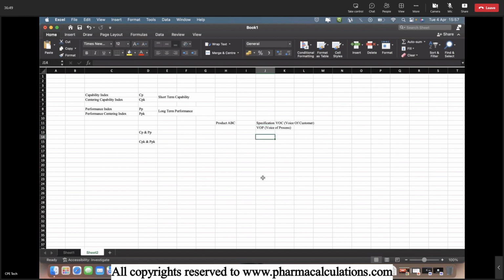Let's say we have a yield, and for this yield we have a specification of 70 to 120 kgs. This is the yield range, and we mention it as the voice of the customer, because it is a specification. The average yield varies between 80 to 95 kg.